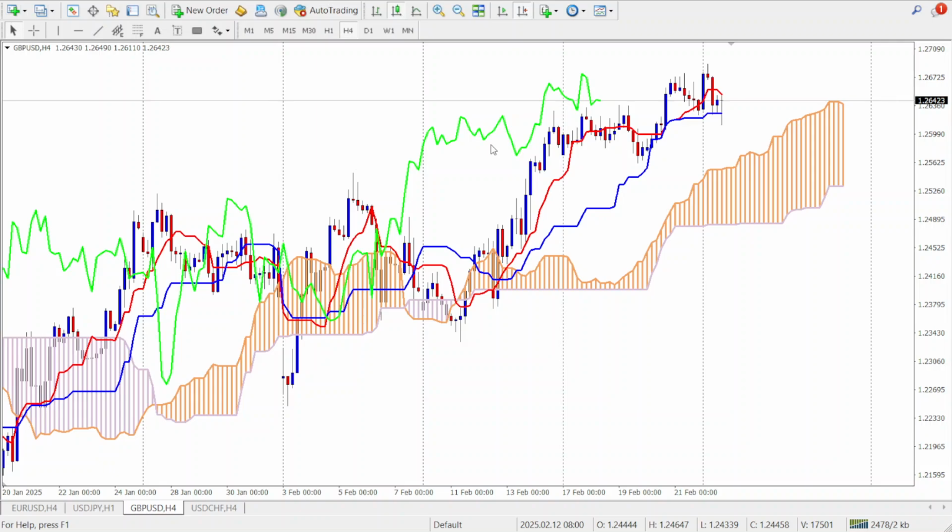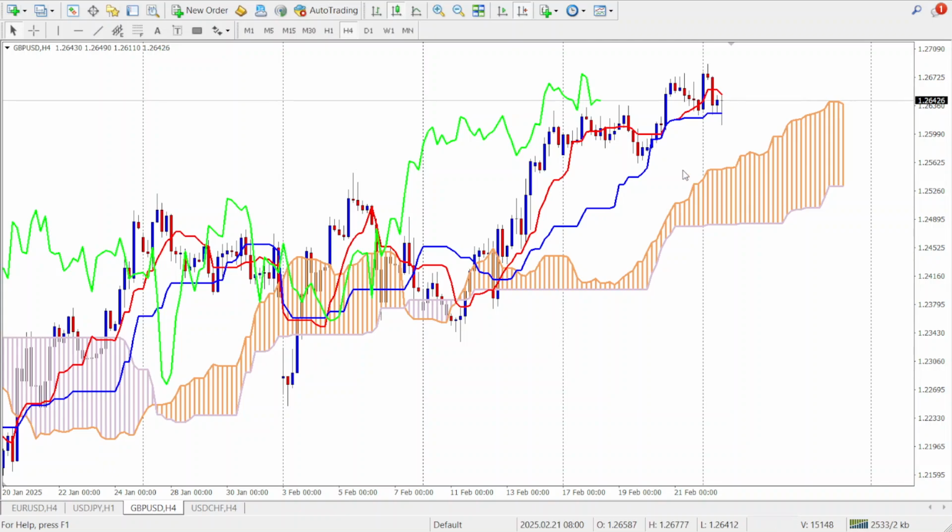At first glance the Ichimoku Cloud can seem complicated, but it is incredibly powerful once you know how to use it. So the Ichimoku Cloud works by providing a visual representation of market trends, momentum, and possible support and resistance areas. One of the most important things to understand is the cloud itself, formed by the Senkou Span A and the Senkou Span B. The space between these two lines is what we refer to as the cloud.